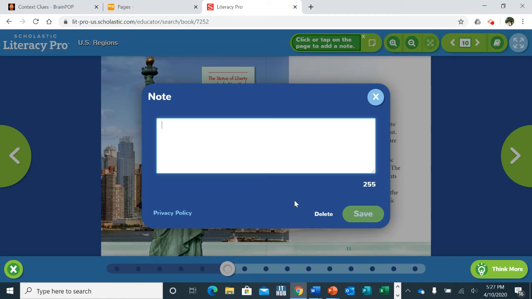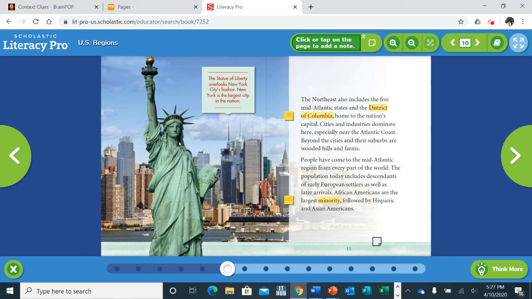So in this context, a minority is the smallest number of people, right? So they are saying that African Americans, Hispanics and Asian Americans are the minority in the United States. Okay, so that's what that means.